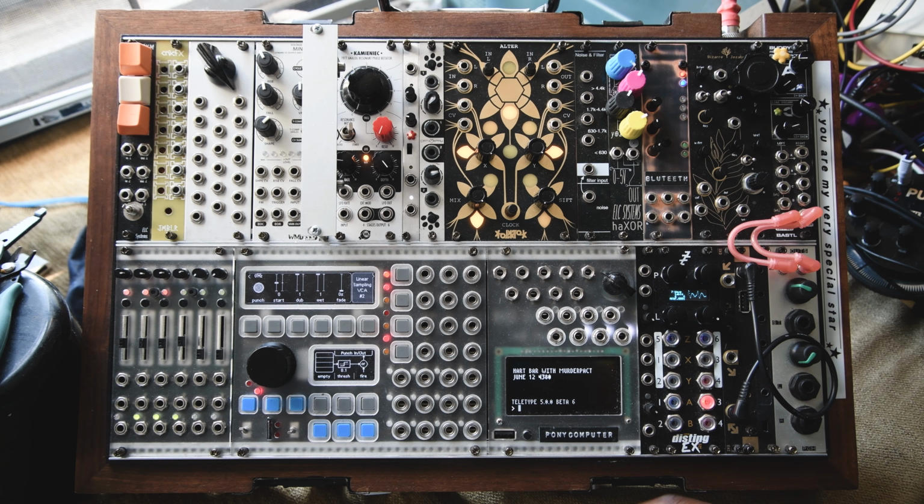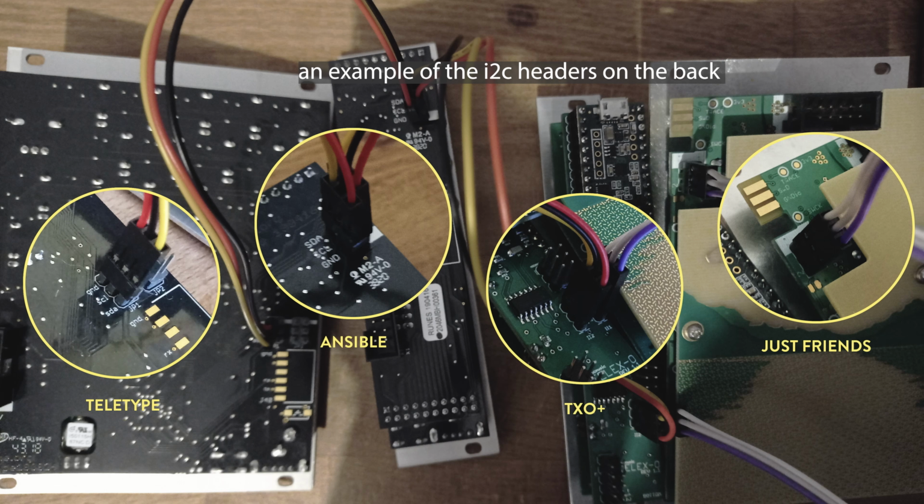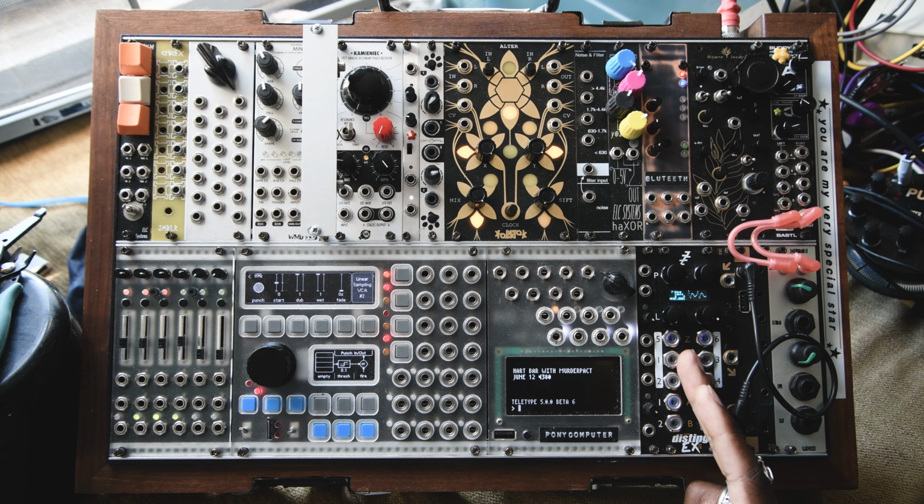And you can control timing in a very minuscule way, so you have a lot of control over timing and voltage elements. You can also recall patches on them, and then the big thing is that it talks to these two modules over I2C, so I can send note information to the disting EX over here, which I mainly use in poly wavetable mode.